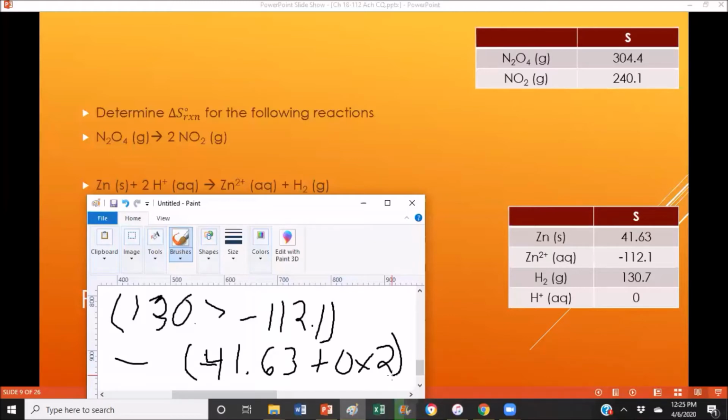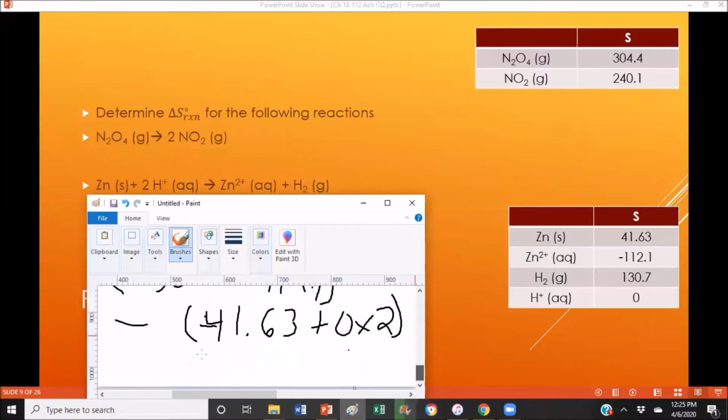But so let's say 130.7 plus a negative 112.1. So the products are positive 18.6. But the reactants are 41.63. So the difference is negative 23.03. So negative 23.03 joules per mole Kelvin.